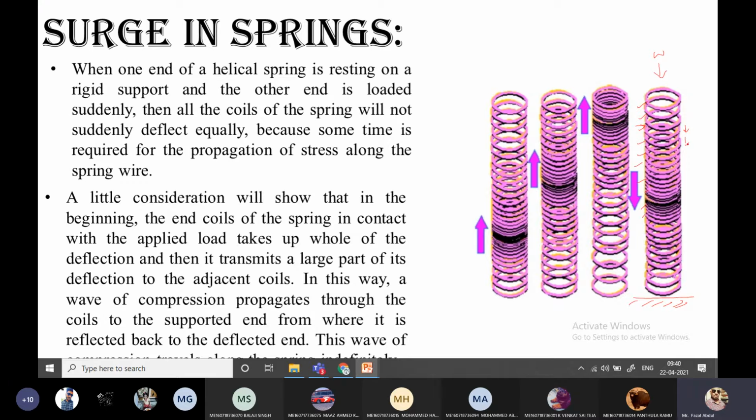In this manner the energy is transmitted from top to bottom. While it is transmitting, you can observe this kind of phenomenon: gathering of extra turns at one particular position. In the same manner, this position is shifted to the last bottom surface.